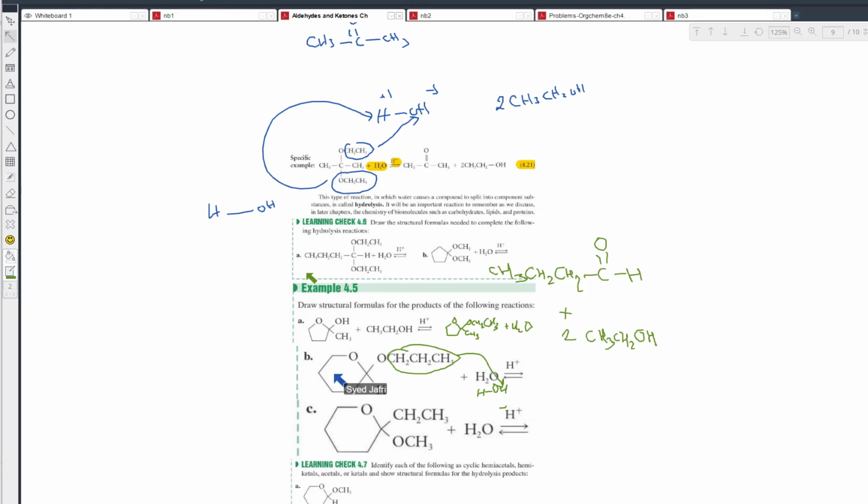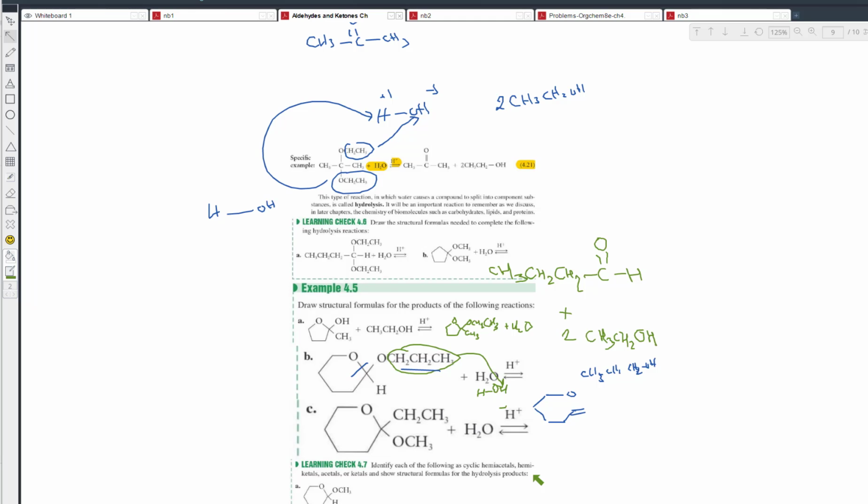So what we are going to do is take this whole portion and make CH3CH2CH2OH. This portion is going to break, and this will become a double bond. I will show you: the bond is going to break from here.